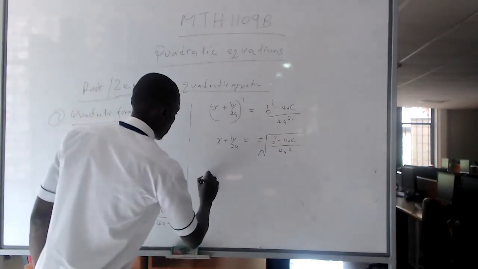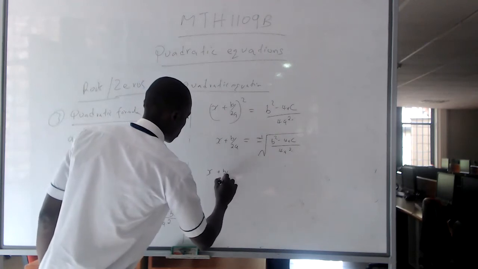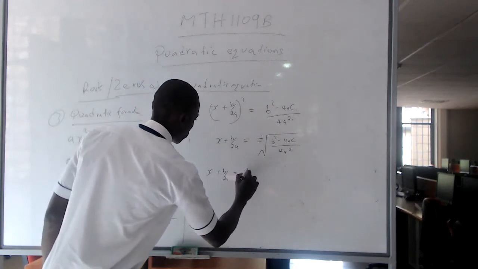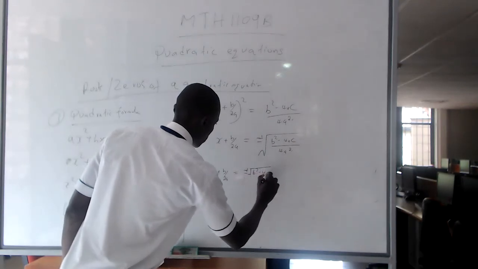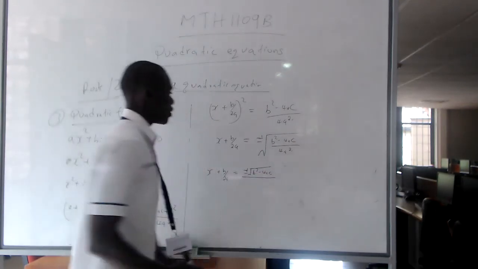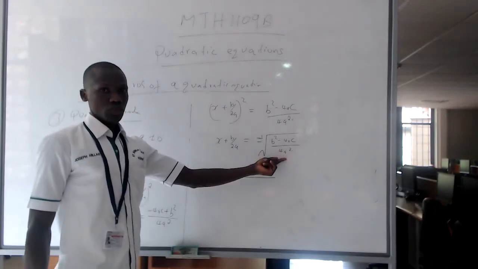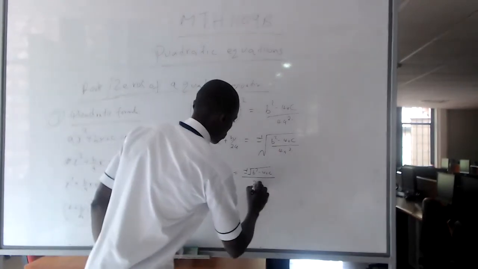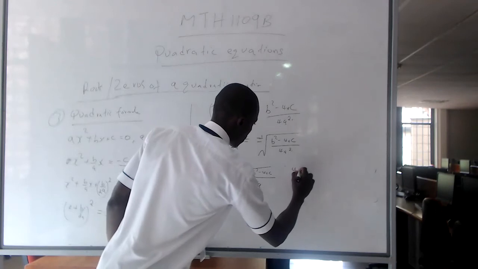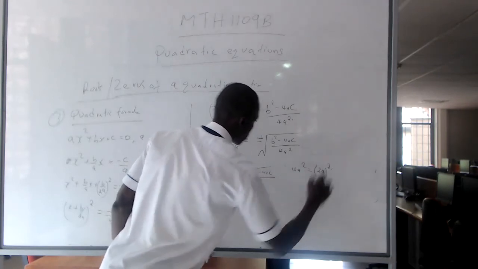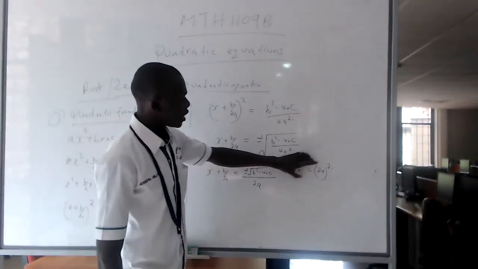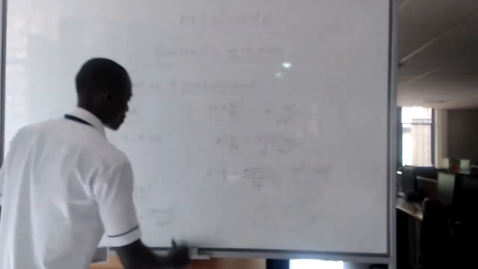So we'll have x plus b divided by 2a equals plus or minus the square root of b squared minus 4ac, divided by the square root of the denominator. The square root of our denominator, 4a squared, is simply 2a, because you can write 4a squared as 2 times a, all of that squared. So the square root of this is simply what is under the root.